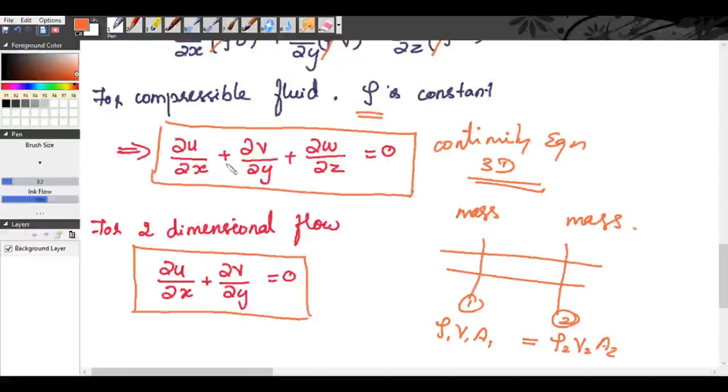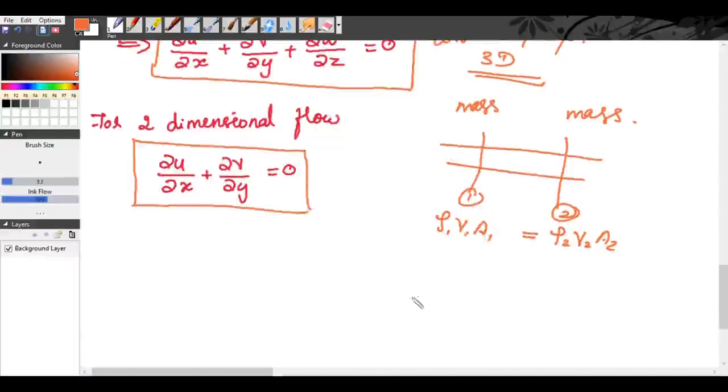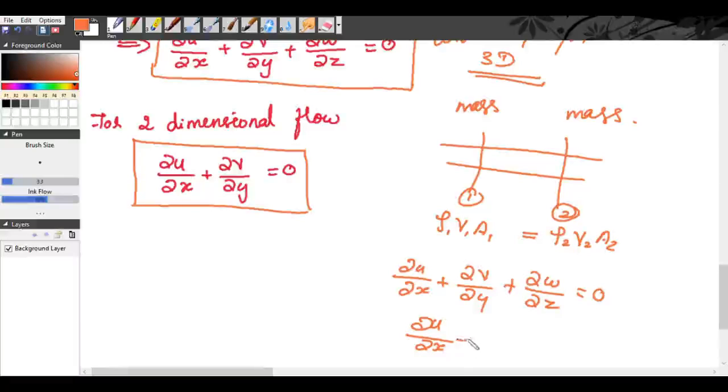When the flow is three-dimensional, our continuity equation is ∂u/∂x plus ∂v/∂y plus ∂w/∂z is equal to 0, and for two dimensions it is ∂u/∂x plus ∂v/∂y is equal to 0.